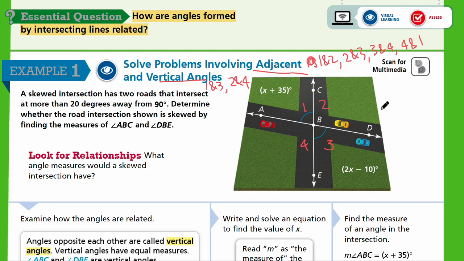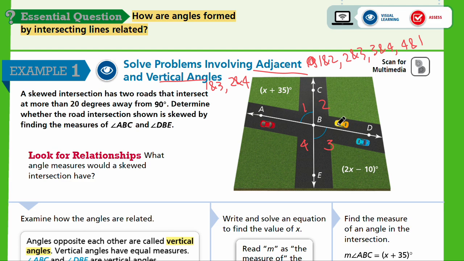A skewed intersection has two roads that intersect at more than 20 degrees away from 90 degrees. What does that mean? Determine whether the road intersection shown is skewed by finding the measures of angle ABC and angle DBE.